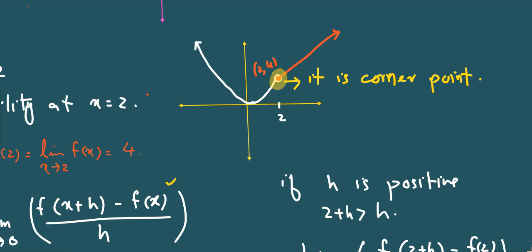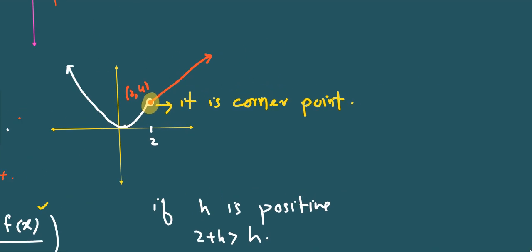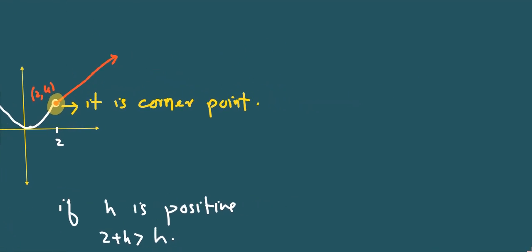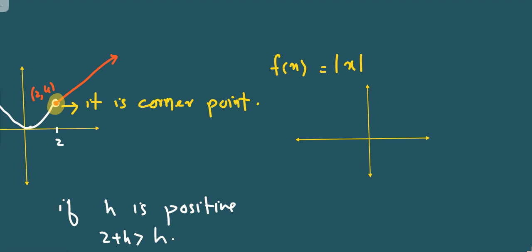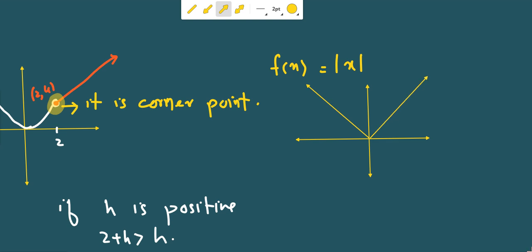Now let me ask you a very quick question. Let's define f of x by absolute value of x. And if I make its graph, it would be like this. This is the curve, right?